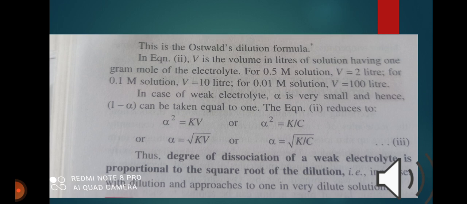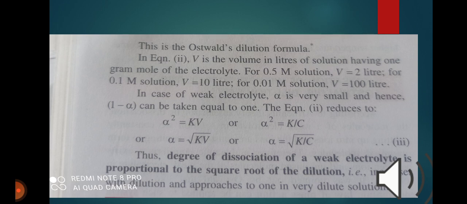Thus, the degree of dissociation of a weak electrolyte is proportional to the square root of the dilution. As already we know, the degree of dissociation is inversely proportional to concentration.